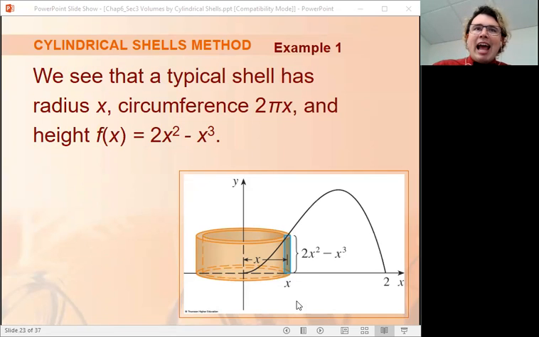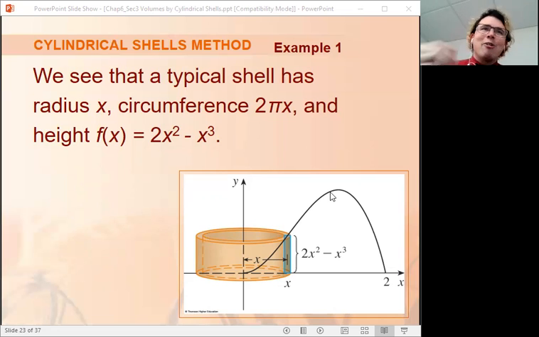So how far am I from the y-axis? I am x units away from the y-axis. So x is my radius. Okay. So if x is the radius, the circumference is 2 times pi times x.